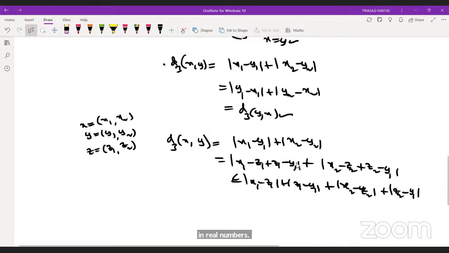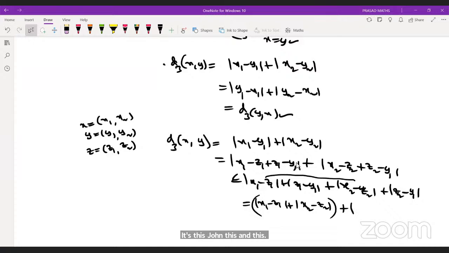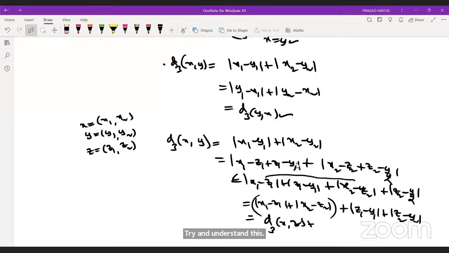Join this and this. Join this and this. This is exactly d3 of x comma y. Therefore, it satisfies triangle inequality. Therefore, it is a metric.